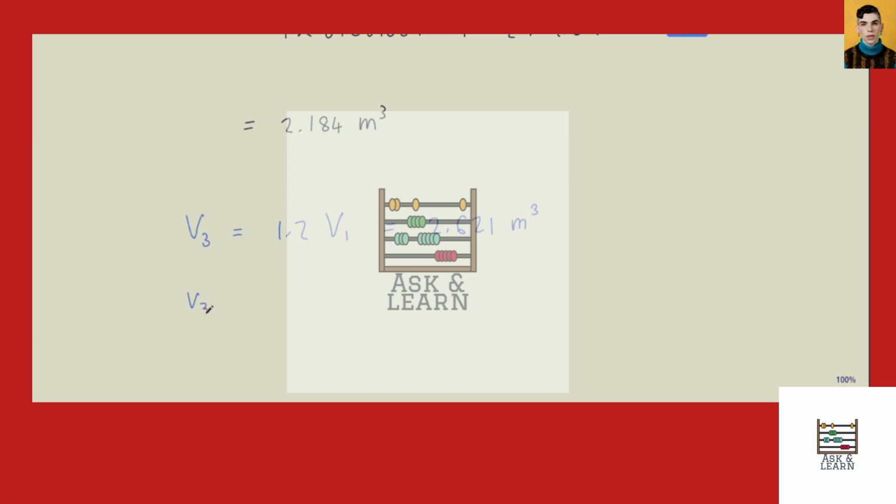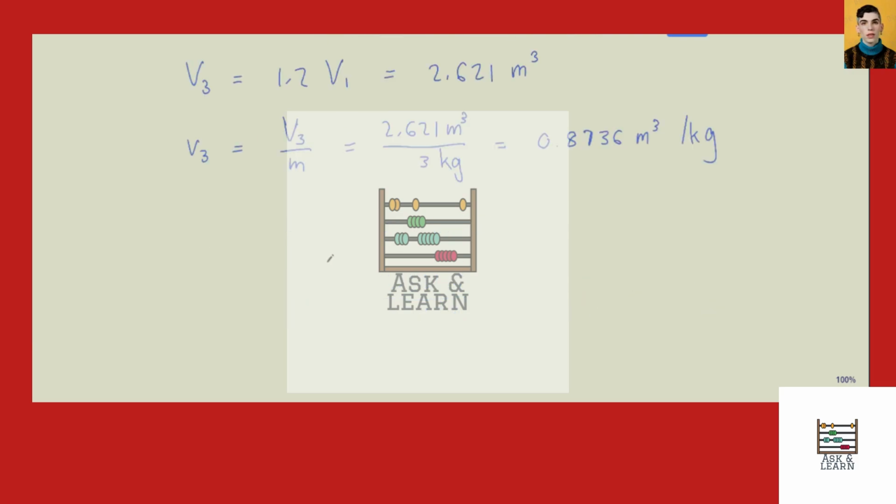The specific volume at state 3 is obviously the total volume divided by the mass of the mixture. And this is 2.621 cubic meters divided by 3 kg. And so we get the specific volume to be 0.8736 cubic meters per kg.